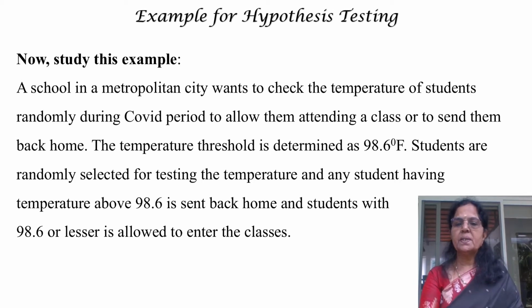The temperature threshold is determined as 98.6 degrees Fahrenheit, and any student having temperature above 98.6 degrees is sent back home, and students with 98.6 degrees Fahrenheit or lesser are allowed to enter the classes. I hope you got an idea about the study. Since it is practically not possible to test all the 4,000 students studying in the school, students are randomly selected for testing the temperature. All right.